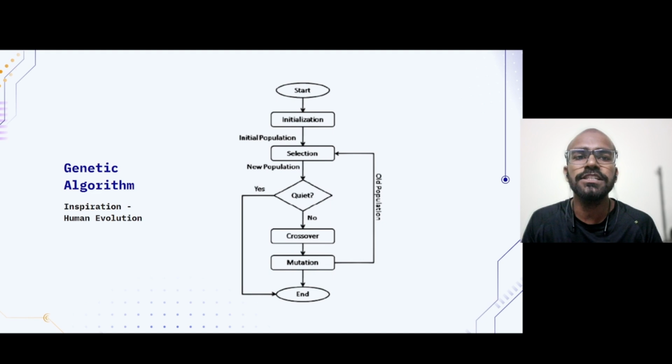Then crossover takes place, in which it generates offspring by combining parts of chromosomes. Then mutation takes place, in which small changes in offspring are made with some low probability. From available chromosomes and offspring, the best solution is taken out and these same steps take place in further iterations.